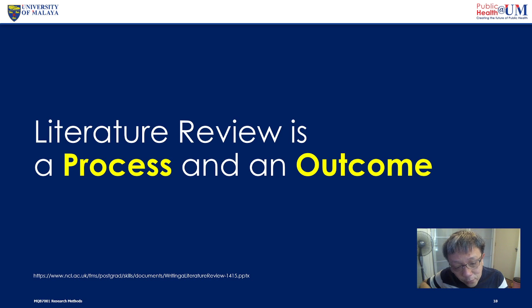When you do a literature review, your aim is basically to come out with a research proposal. In a research proposal, the literature review should be able to justify why you want to do the study. To justify it, you tell that this information is there, but there are gaps in the information, there are gaps in the data.